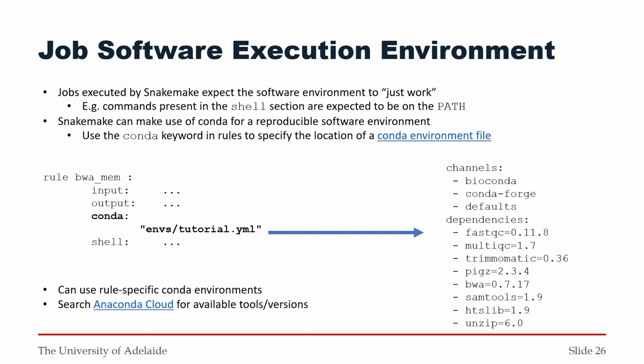Each rule can point to a different YAML file, and so you can have a much more trimmed down software environment that each rule operates within. So for instance, for BWA mem, you might only want BWA and SAMtools or something like that specified, and so you can configure it at that level. You can search the Anaconda Cloud website for available tools and versions for putting in these YAML files.